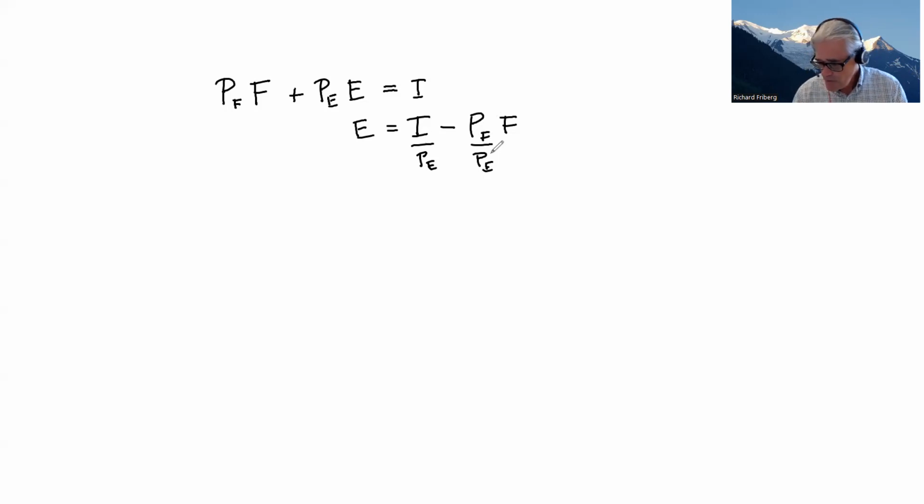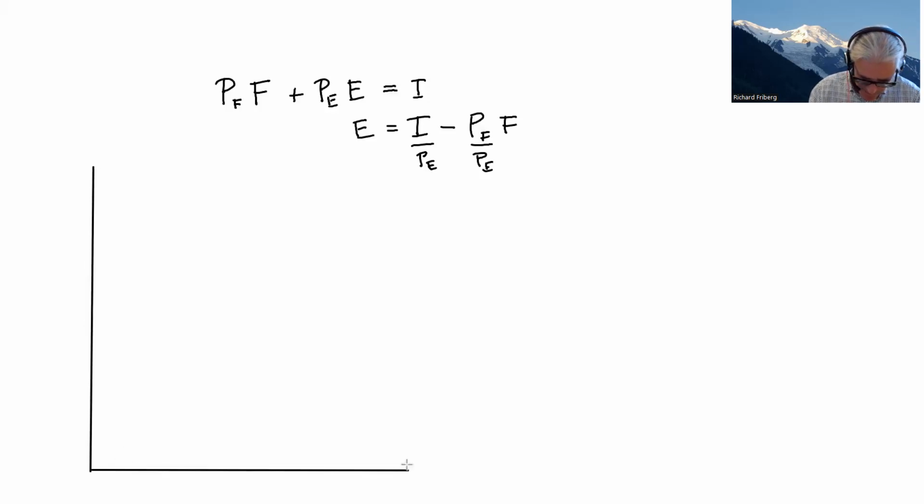Okay, so let's illustrate this in a diagram, a figure like this. We have entertainment on this axis, no, we don't have price there. Too much of an economist, right? We have units of food on the horizontal axis and units of entertainment on the vertical axis.